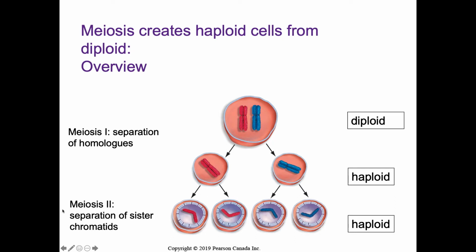This second division is known as meiosis II, and the hallmark of meiosis II is the separation of the sister chromatids. It's important to note that between meiosis I and meiosis II, the DNA does not replicate. So DNA replication, or S phase, occurs prior to the beginning of meiosis, and it does not occur between meiosis I and meiosis II.